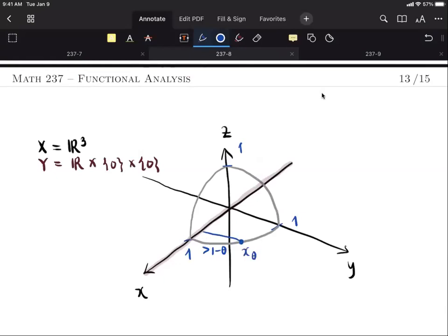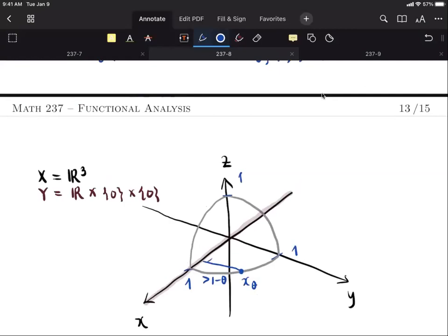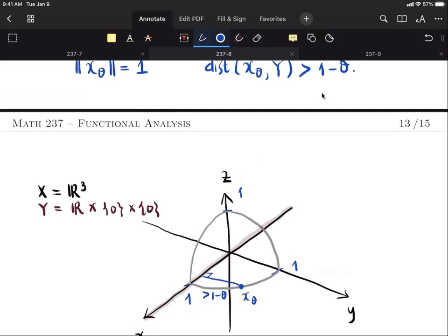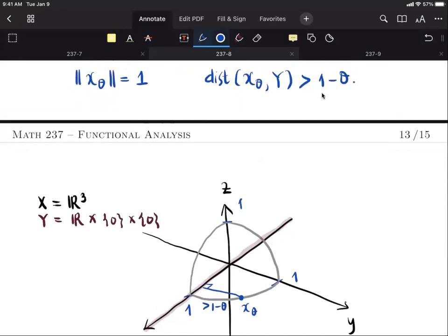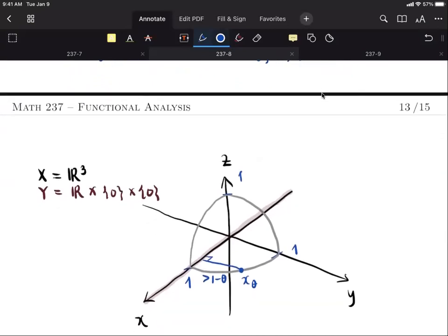And that would be your x theta. So the distance in this case would be greater than 1 minus theta. It is in the unit circle on the xy plane.